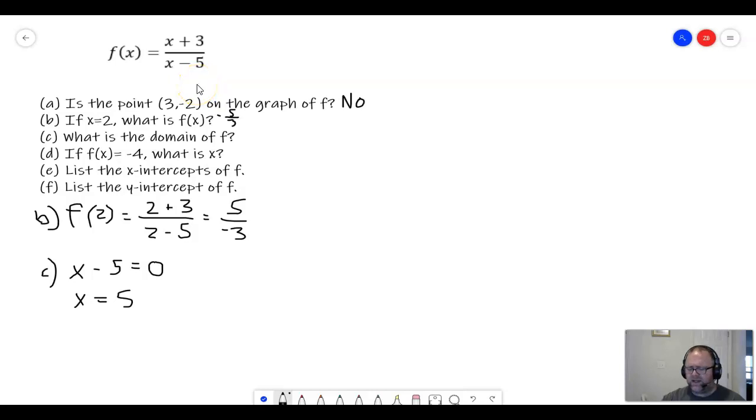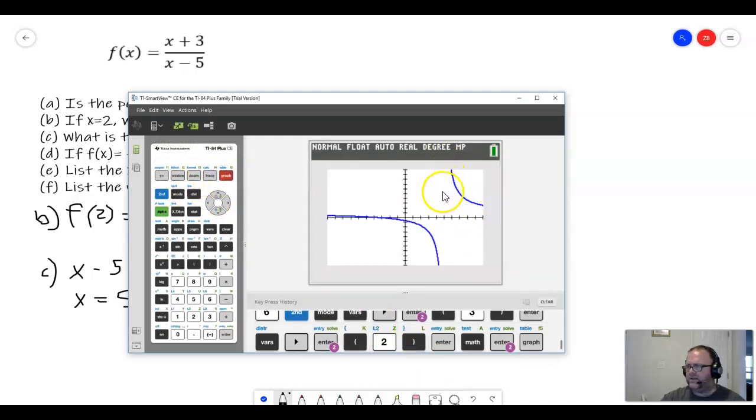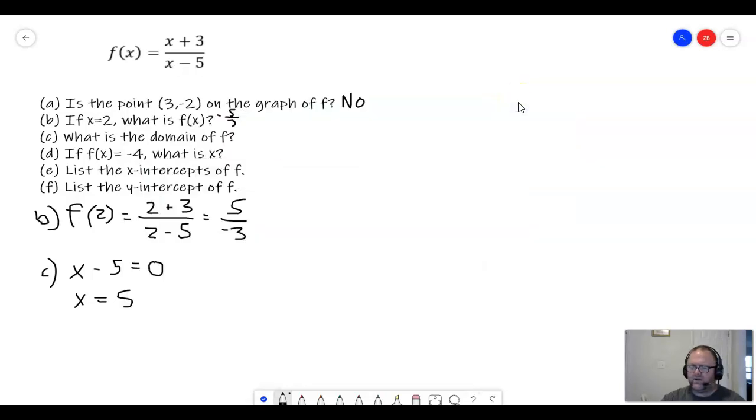I'm going to have a 0 in the denominator, and it's going to be undefined. And we actually saw, looking at our graph, let me go back to our graph, that at this vertical line here, it doesn't look like there's any solutions. It's actually a vertical asymptote, which we will be talking a lot more about in this semester. But this means that our domain is going to consist of all real numbers except for 5.